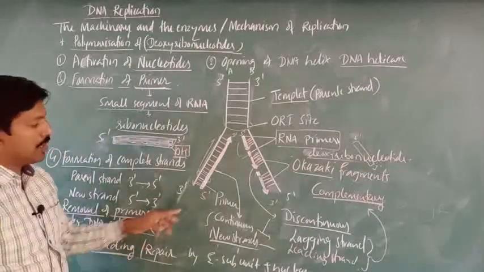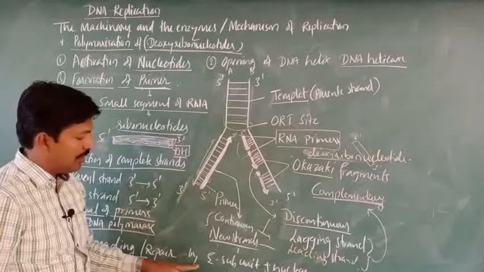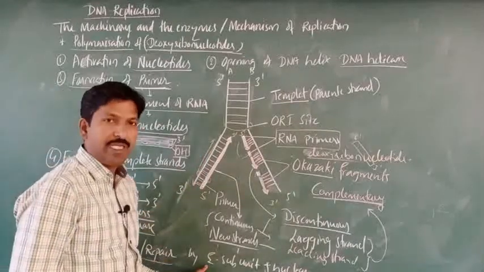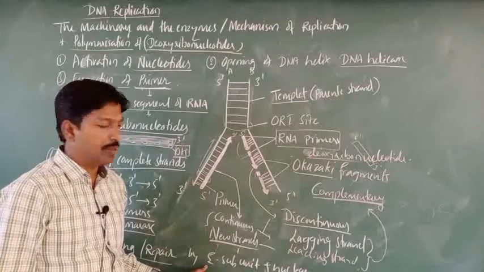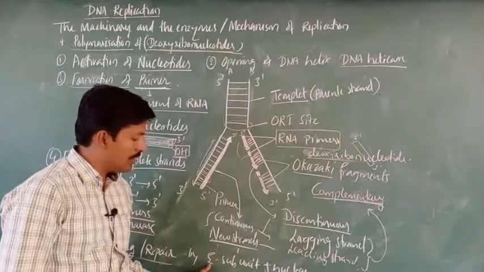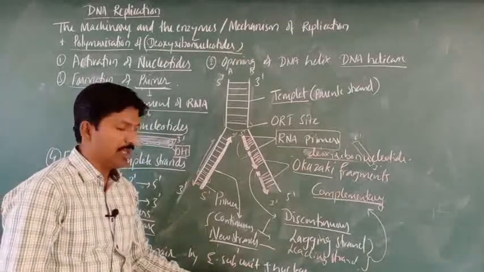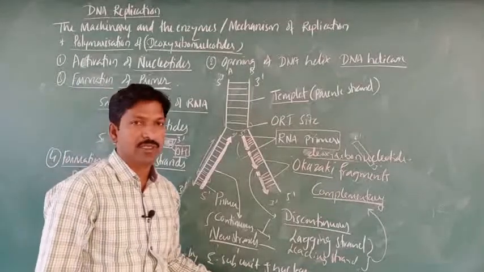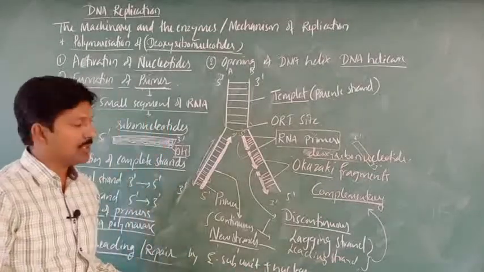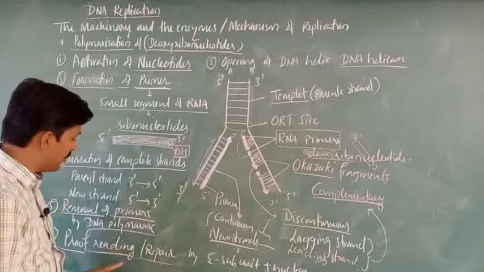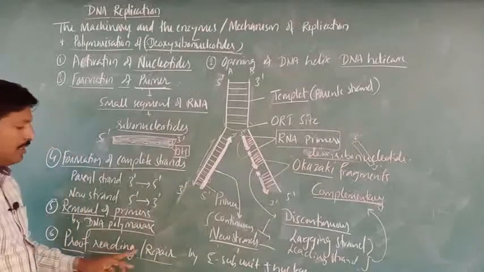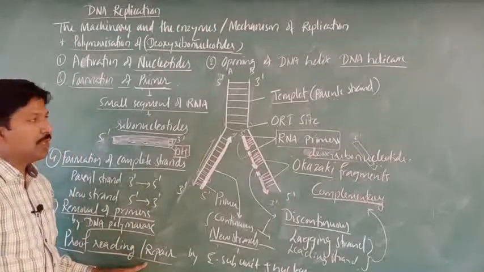So accuracy is checked with the help of one of the DNA polymerase subunits, that is the epsilon subunit, and nuclease. These two enzymes are involved in the accuracy check, or proofreading, or repair, right?